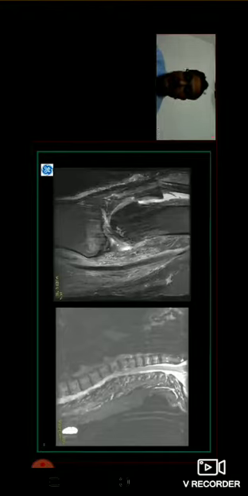The second image is a C-spine image with the CSF.